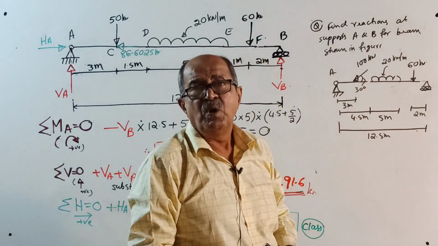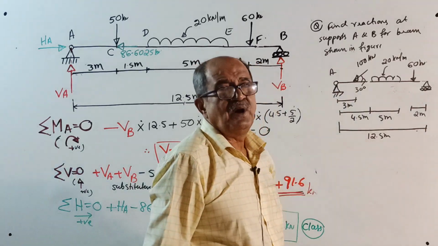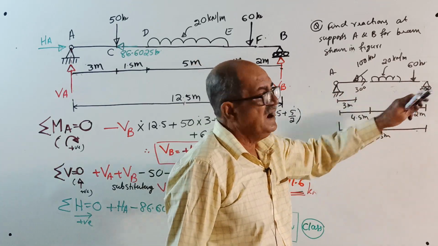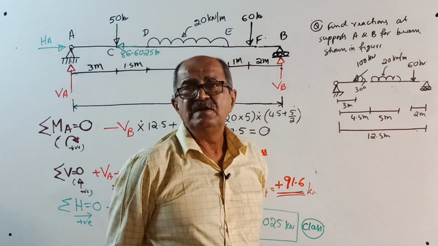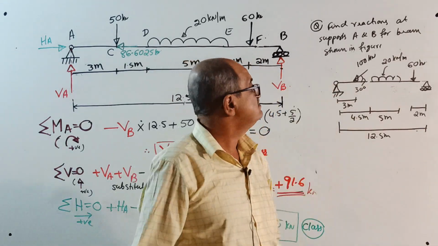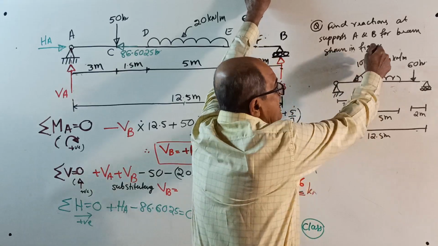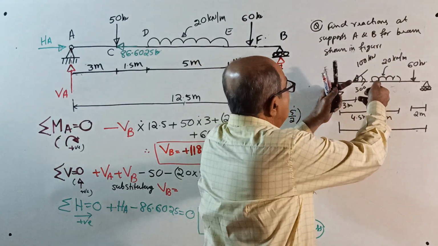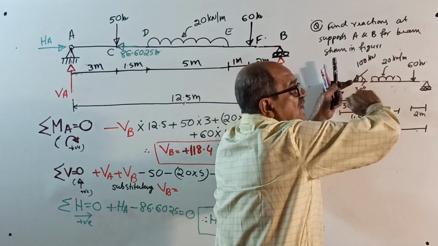If you want in words, I will tell. A beam is of length 12.5 meter. It has a hinged support at the left end and a roller support at the right end. I won't put ABC now. Roller is in horizontal plane. An inclined force of 100 kN is acting towards the beam, making an angle of 30 degrees anti-clockwise with the positive x direction.